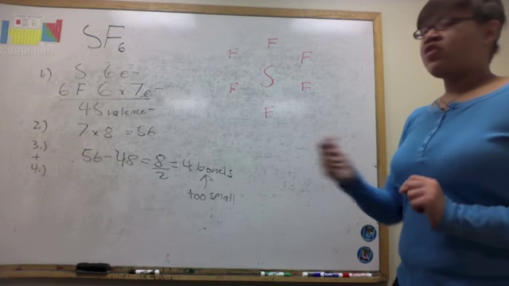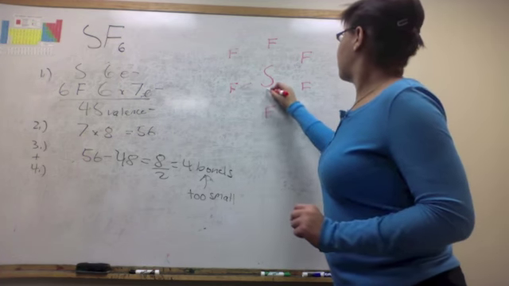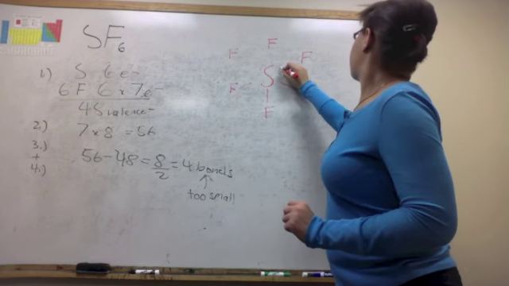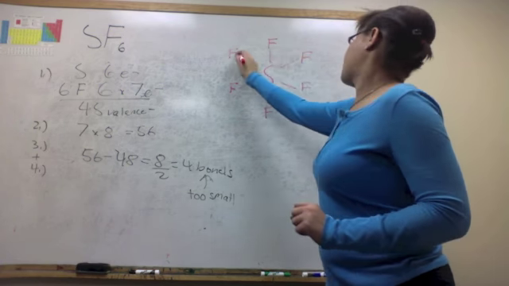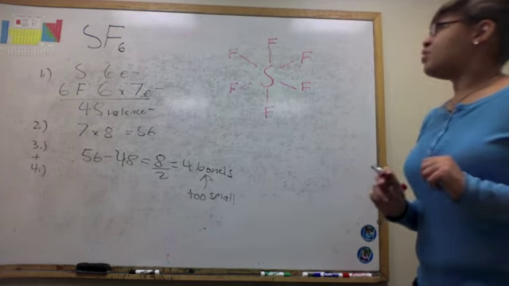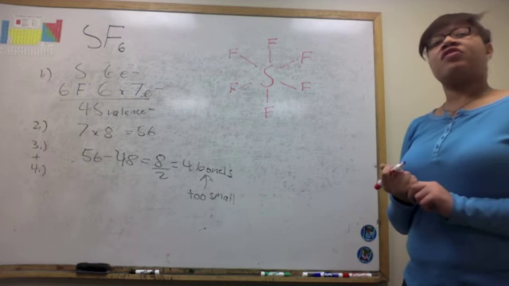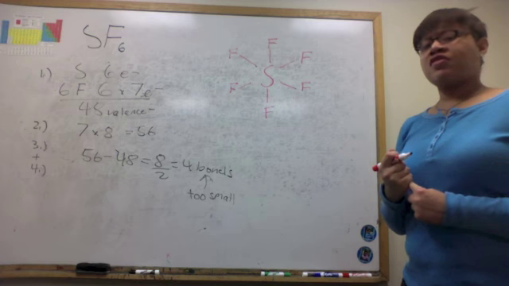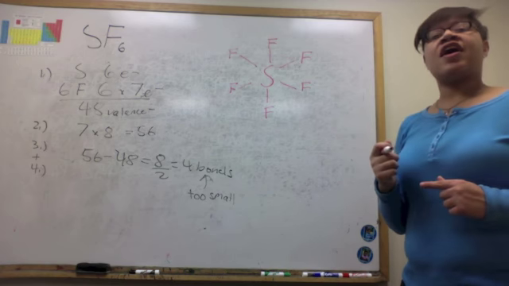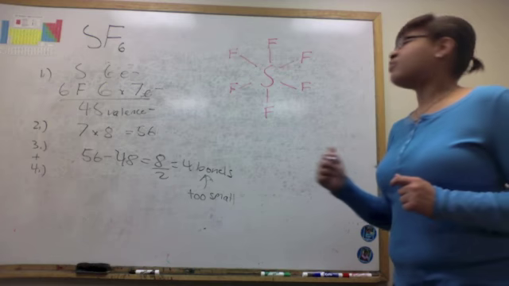We'll begin by drawing one single bond between the sulfur and each fluorine atom. We've so far used 12 electrons and have 36 left to use. We'll use those 36 electrons to make sure that each fluorine atom has an octet of electrons.